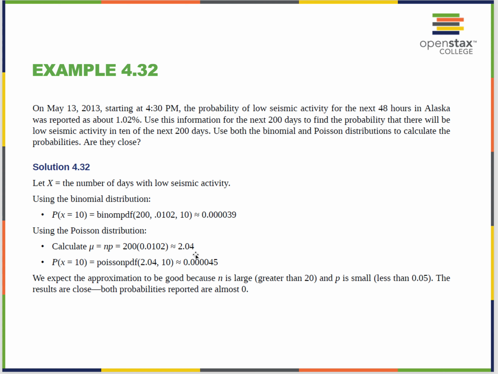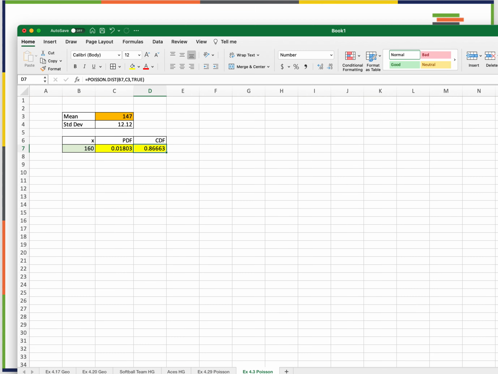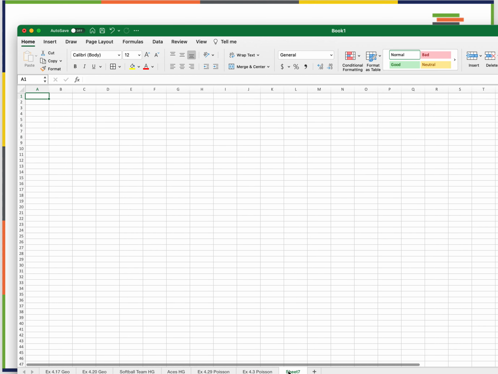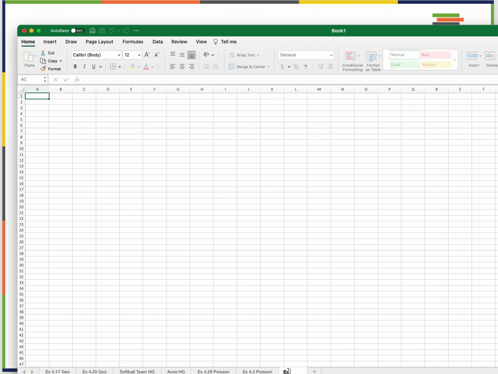So now if I go to my calculator that we had here, and let me change that. I can copy my calculator over. I don't have to do this problem again. I can make a new one. This is example 4.32.